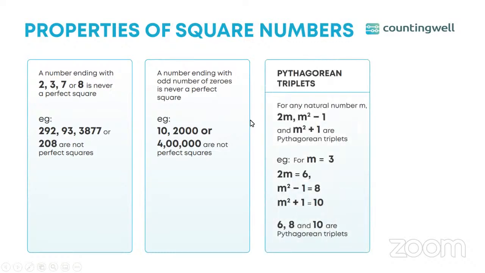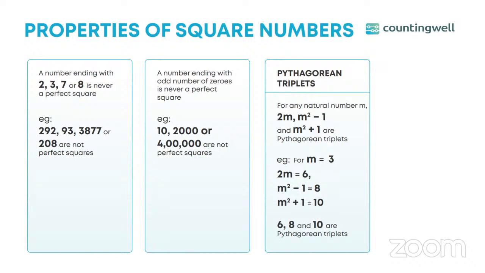Let us see what are Pythagorean triplets. For any natural number m, 2m, m square minus 1 and m square plus 1 are Pythagorean triplets. Here if we take m equal to 3, then we have 2m equal to 6, that is 2 times 3 is equal to 6. m square minus 1 is nothing but 3 square minus 1.